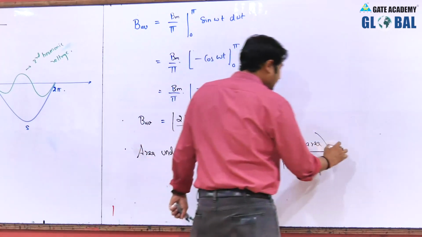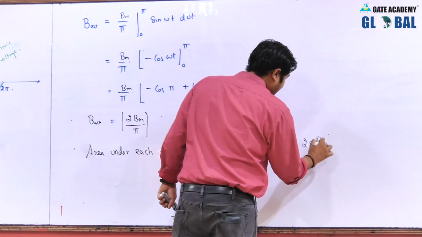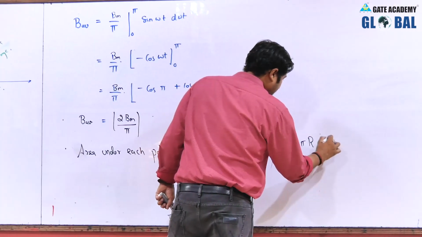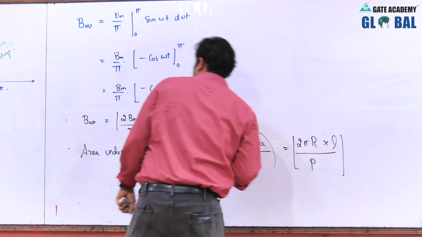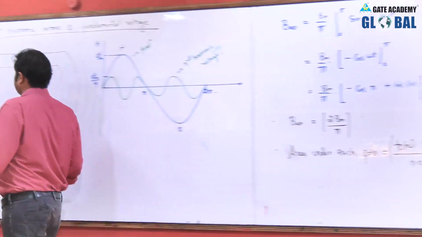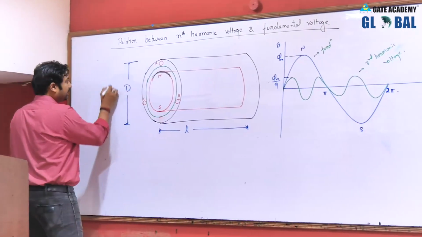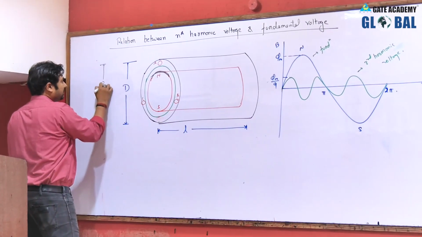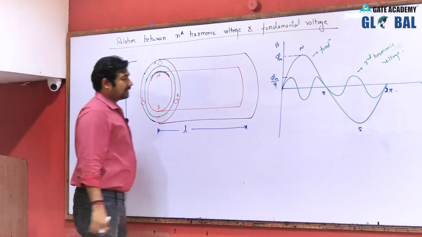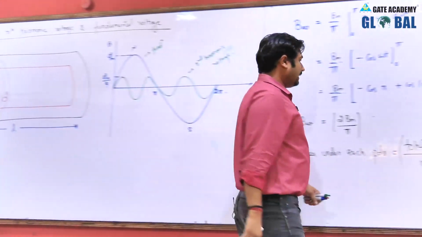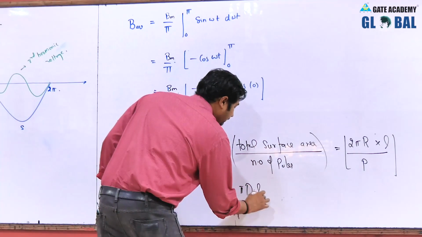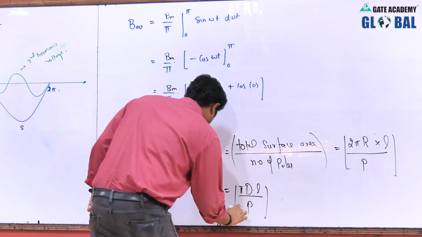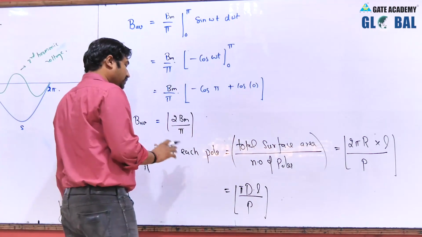The total surface area is 2 pi r into L, upon the number of poles P, where r is the radius of the machine and L is the length. So this equals pi D L by P. This is the area under each pole.